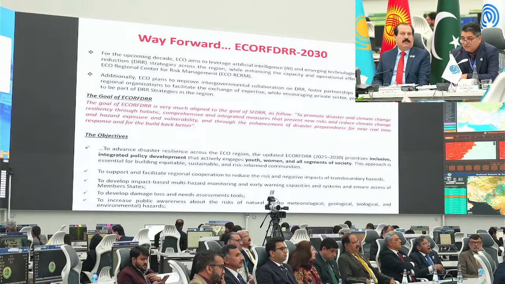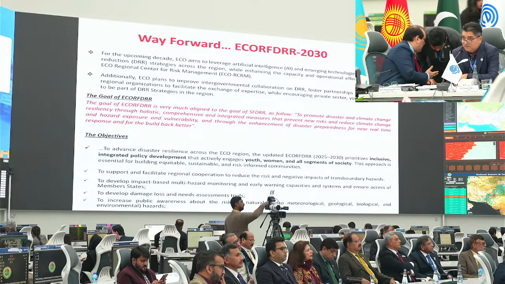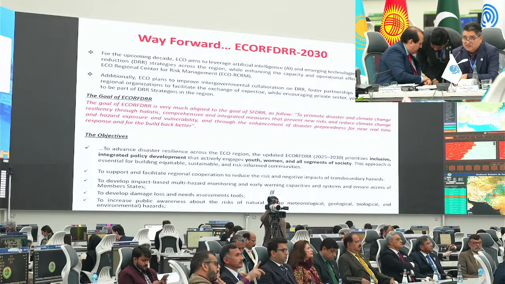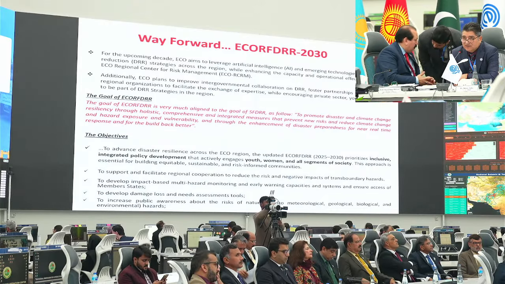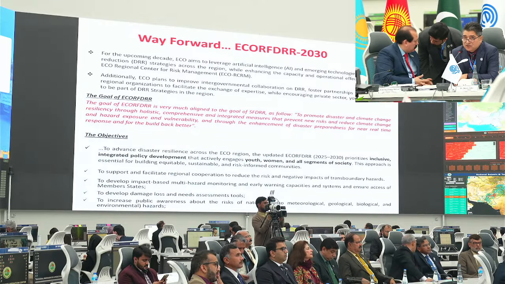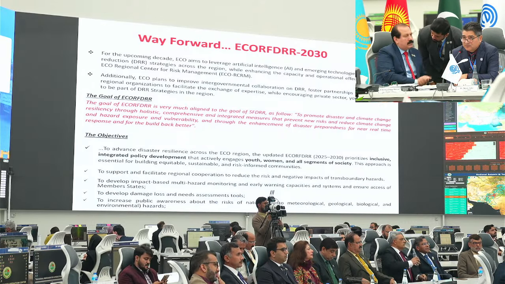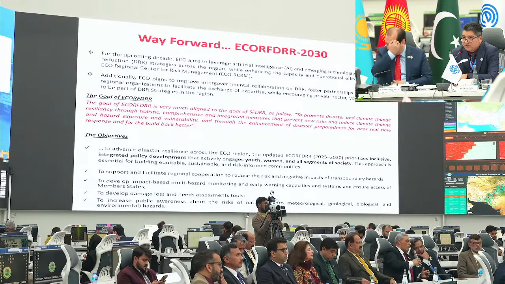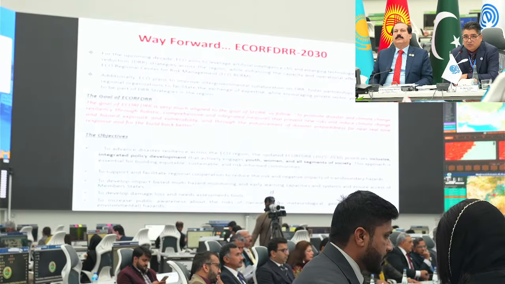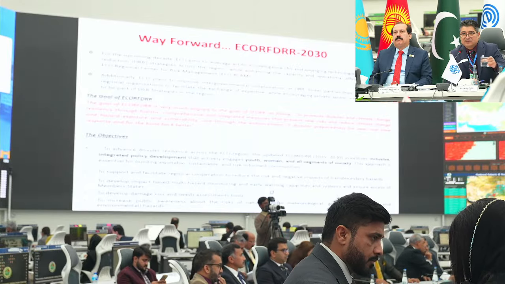So the goal of this ECO regional framework is very much aligned to the goal of the Sendai framework: to promote disaster and climate resilience through holistic, comprehensive and integrated measures that prevent new risks and reduce climate change and hazards, exposure and vulnerability, and through the enhancement of disaster preparedness for near real-time response and to build back better.